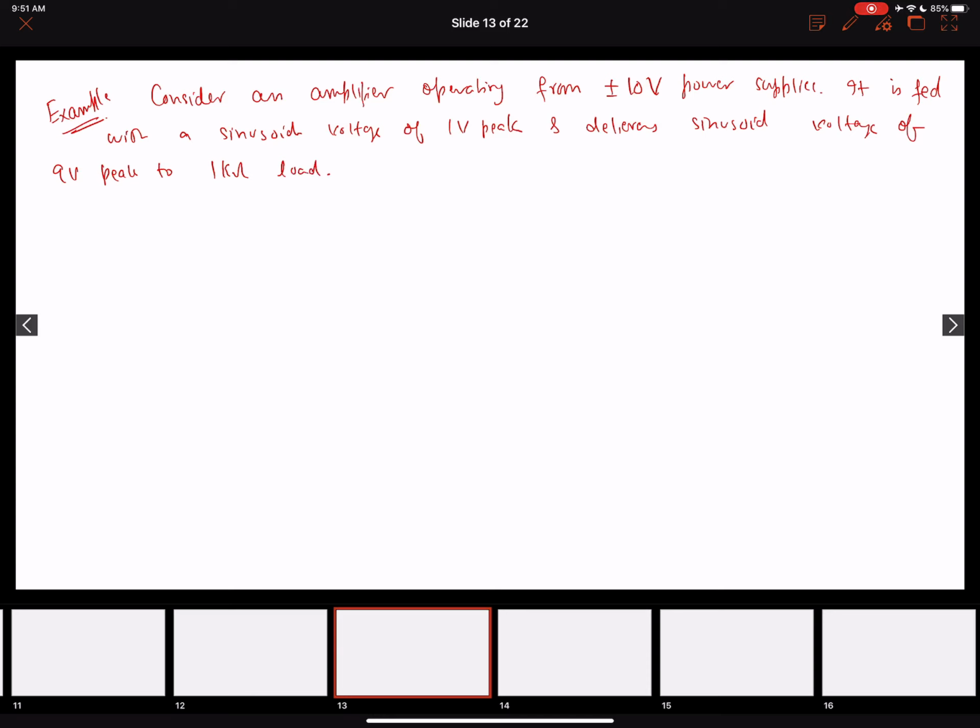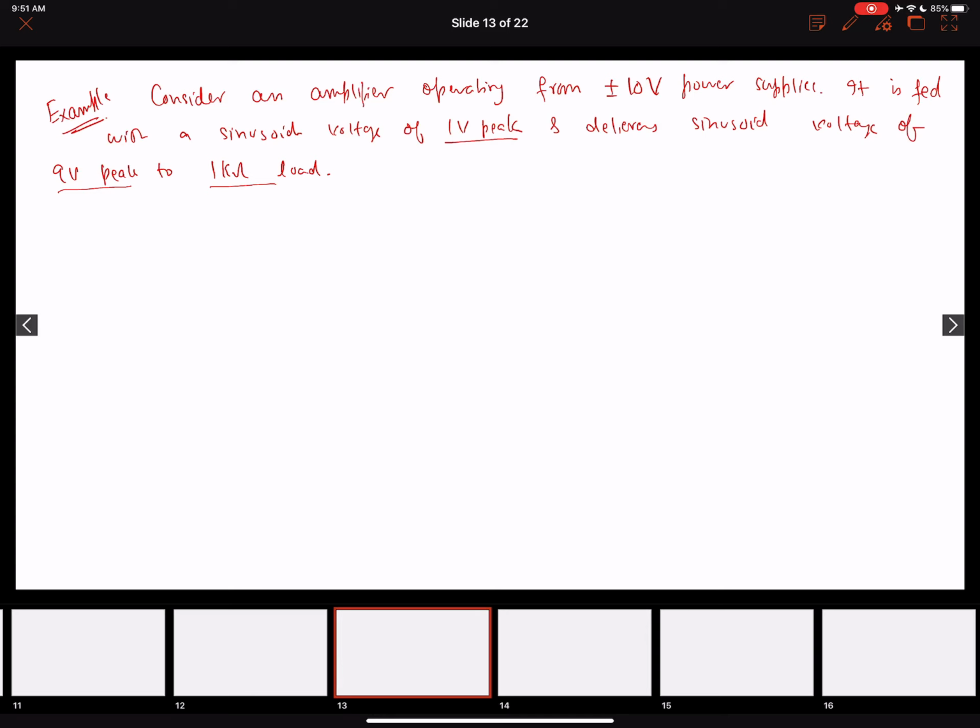We get three pieces of information here. 1 volt peak is our input voltage, and our output voltage is a 9 volt peak. So I can just see from here, 1 volt to 9 volts, the voltage gain is 9, but we are going to formally calculate it shortly. And then our load RL is 1 kilo ohm.